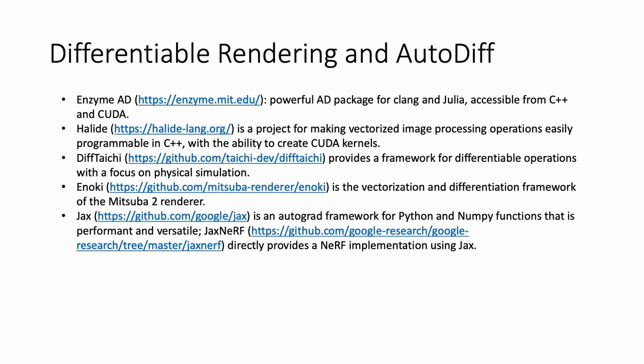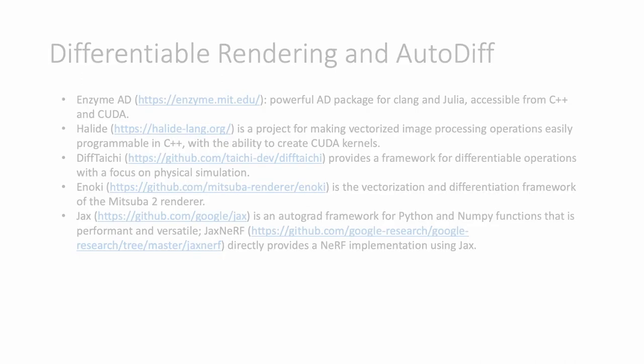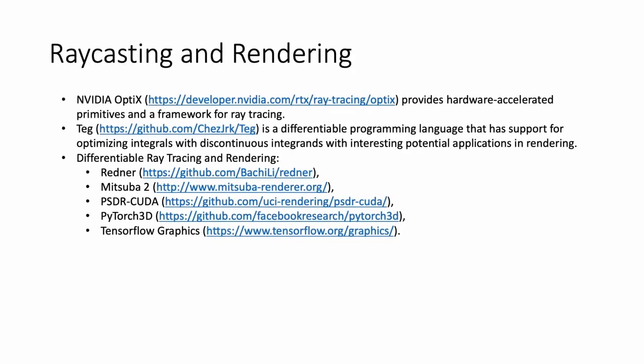JAX is an autograd framework for Python and NumPy functions that is performant and versatile. JAX Nerf directly provides a Nerf implementation using JAX. Several frameworks help specifically with creating rendering operations. NVIDIA Optics provides hardware-accelerated primitives and a framework for ray tracing.